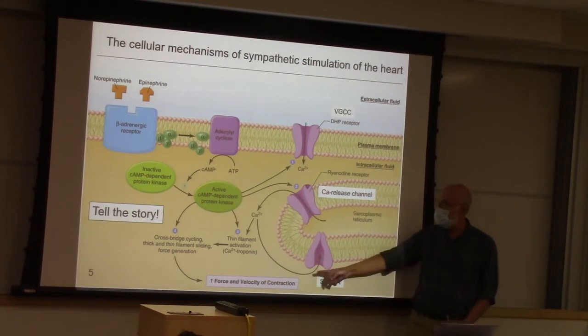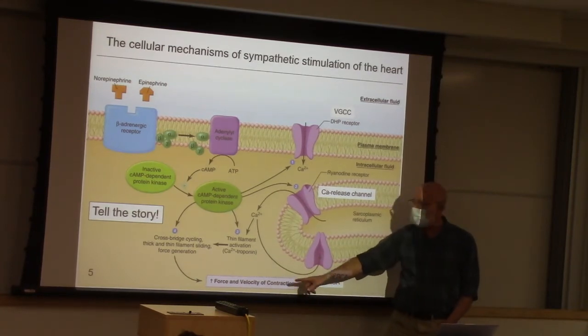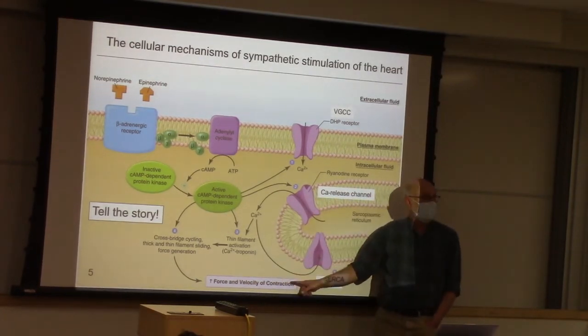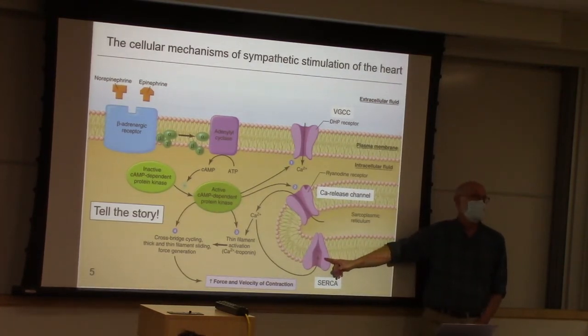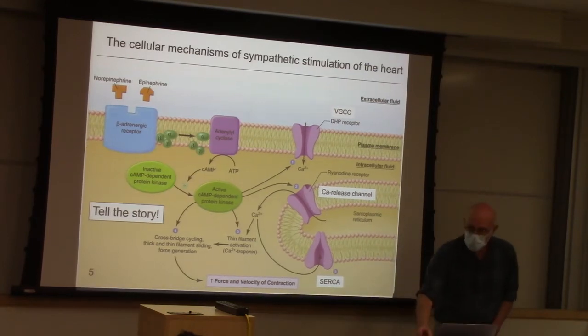So you could annotate your slide at the bottom: it increases the force and speed of contraction, and it increases the speed of relaxation, which is shown in the next slide.